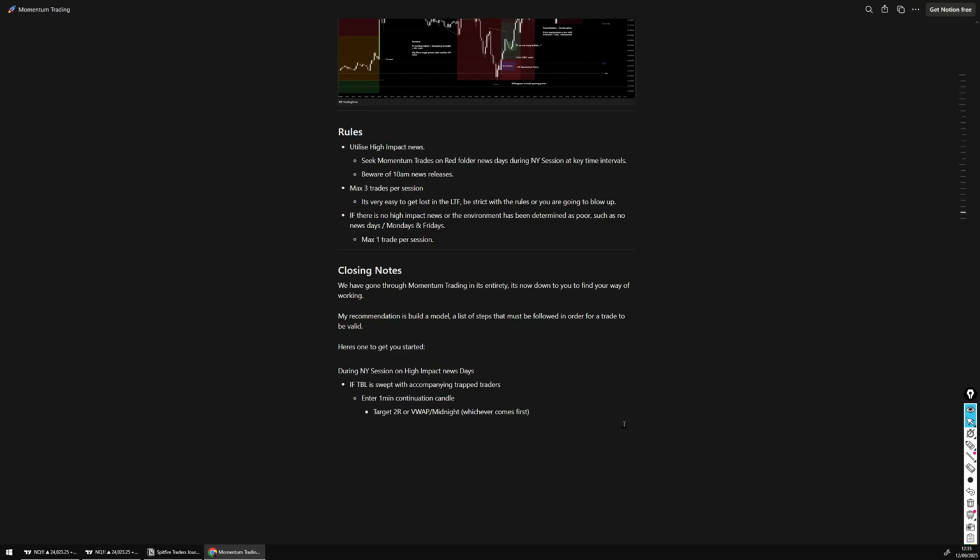And I think context is key with this, because as much as I completely agree with you, Enzo, price does range more than it trends. We're talking minute ones here. So a runner can literally be the London range, as an example. That would be a runner to the other side of the range. So context is king with this.